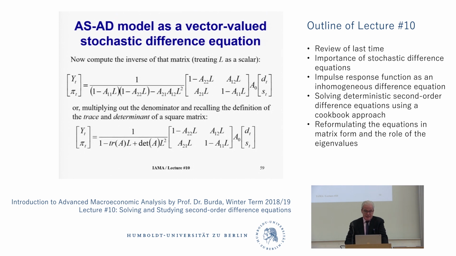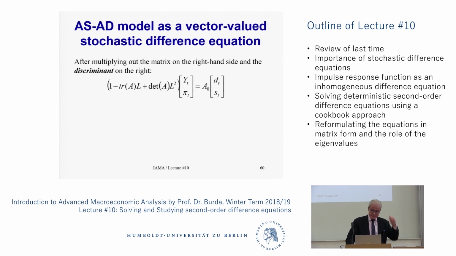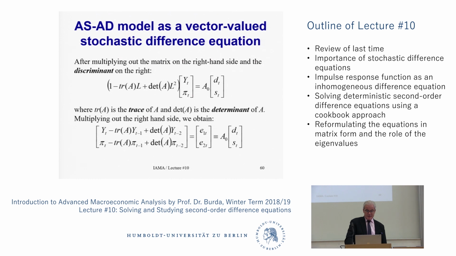Okay, so let's multiply this out. Let's look carefully at the left-hand side. You can write those expressions as the trace of A, that's the sum of the diagonal elements, and the determinant of A. Okay, and if you multiply that out, you get exactly what we had before.